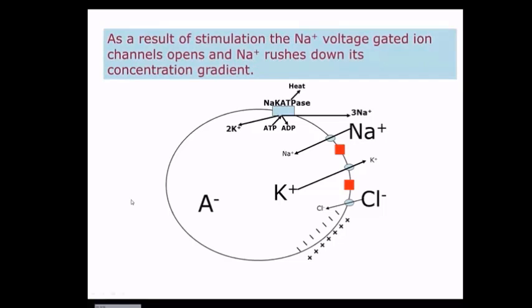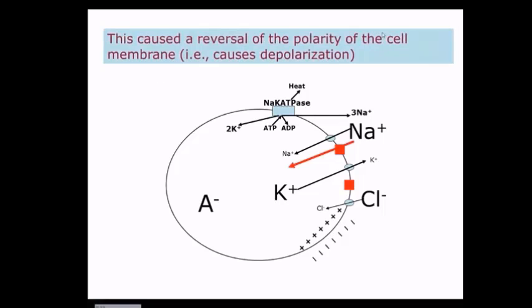So, we have to stimulate the cell, and by stimulating the cell, sodium voltage-gated ion channels open, and sodium rushes down its concentration gradient, as depicted by the arrow. So you tell me, what's that going to do to the voltage inside, or the negativity inside the membrane? It's going to become less negative, right. So essentially, in that case, we can reverse the polarity.